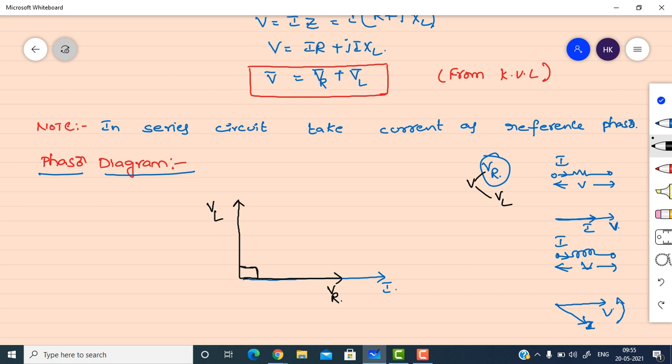Now the phasor sum of VL and VR will give you what? Voltage, total voltage. So to get the phasor sum, parallel to this VR, draw a line from here, and parallel to this VL phasor, draw a line from here, just like your vector addition.